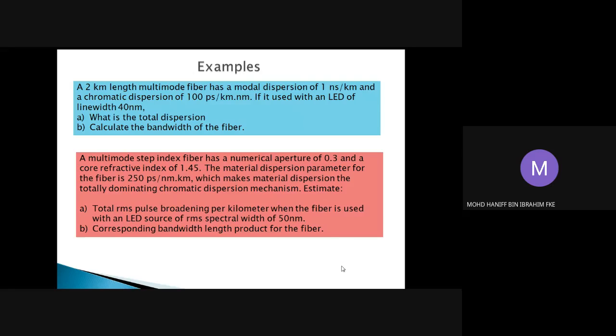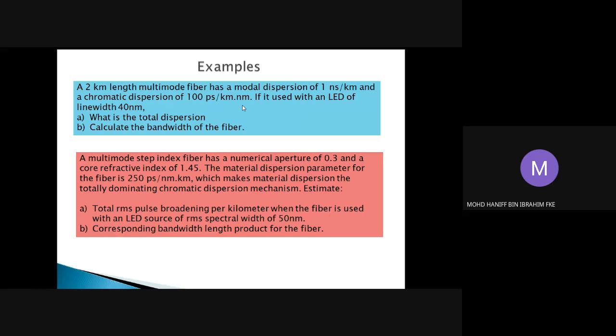Okay, let's have a look at a few examples before we end the class today. The first question: we have a 2 kilometer length of multimode fiber that has a modal dispersion of 1 nanosecond per kilometer, which is the intermodal dispersion, and a chromatic dispersion of 100 picoseconds per kilometer nanometer.